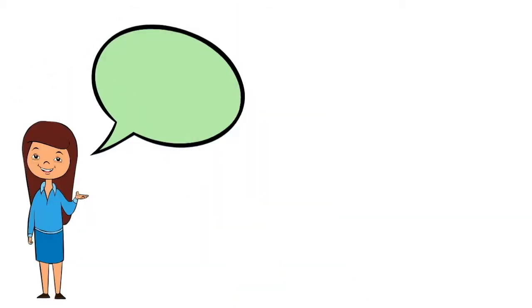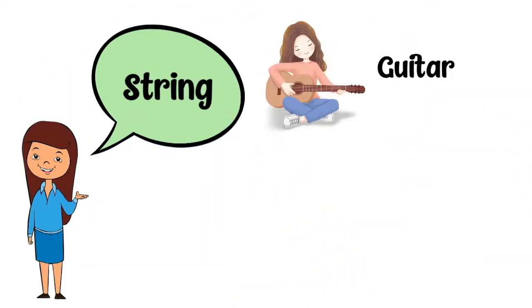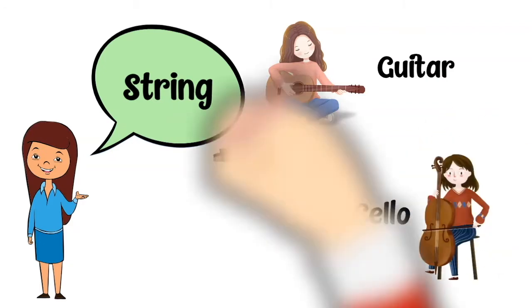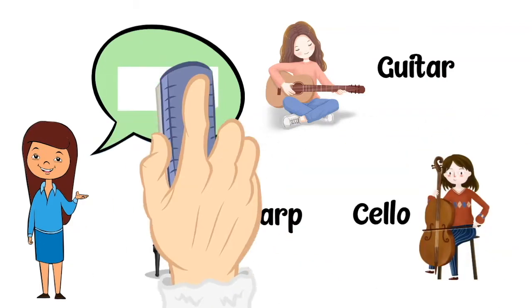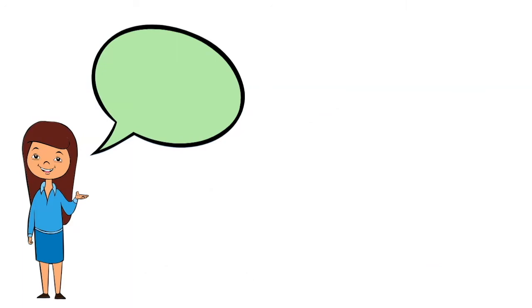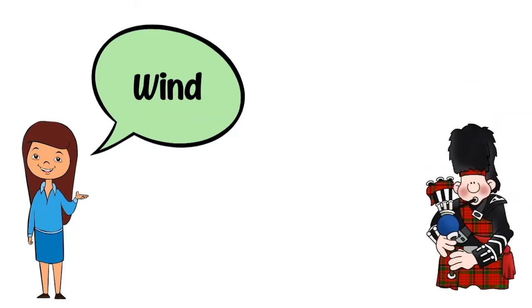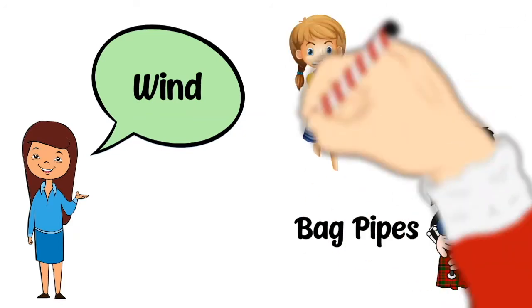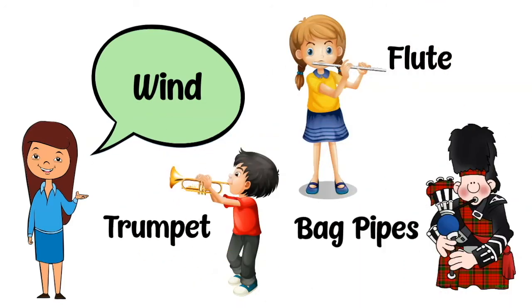Let's look at the examples for the string instruments. We have guitar, cello, and harp. Let's look at some of the examples for wind instruments. We have bagpipes, flute, and trumpet.